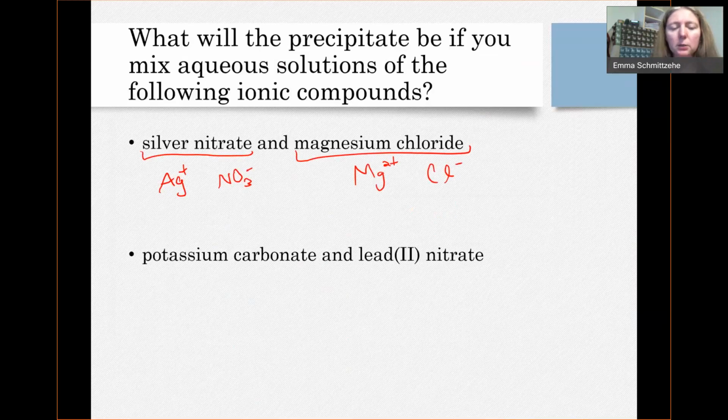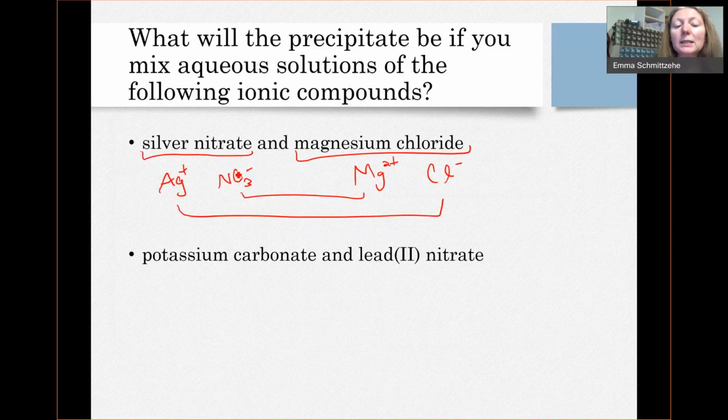It's already an aqueous solution. So what you need to look at is, will Ag+ and Cl- form a precipitate, or will Mg2+ and NO3- precipitate? Okay. Now, this one contains nitrate, which is always soluble. And so that means that this one is not a precipitate.